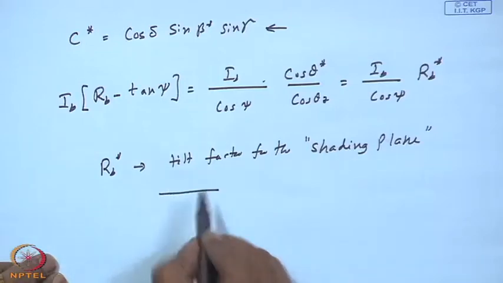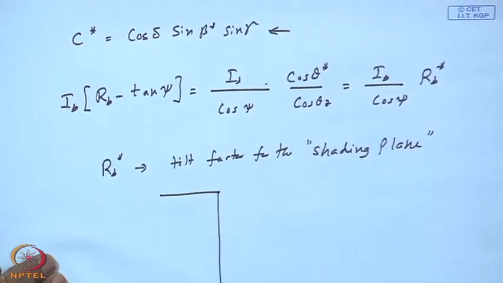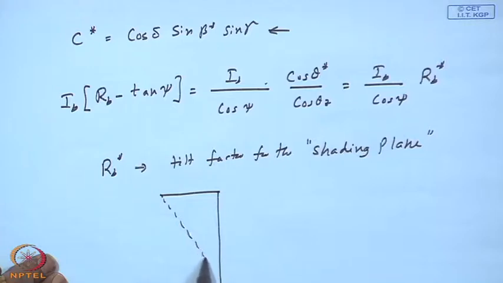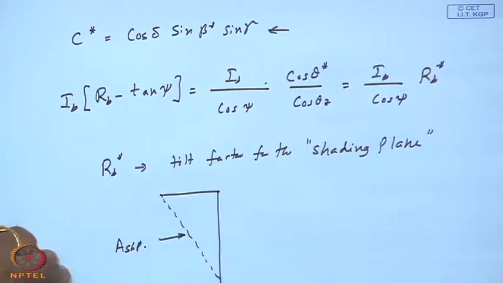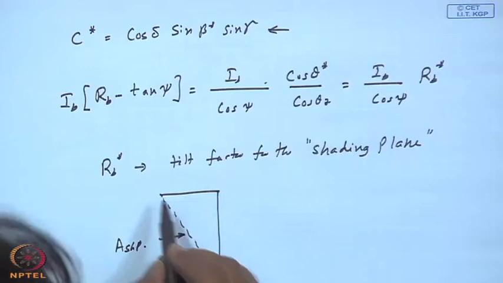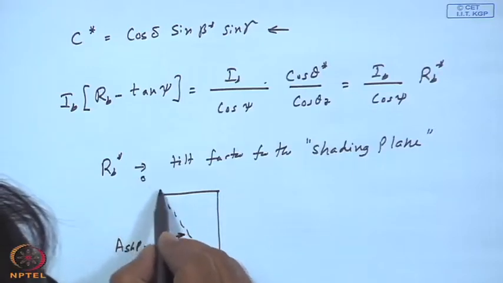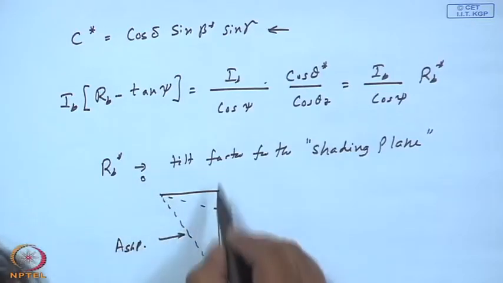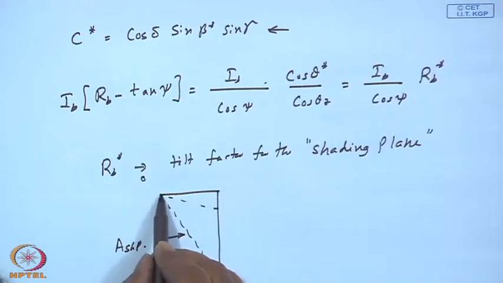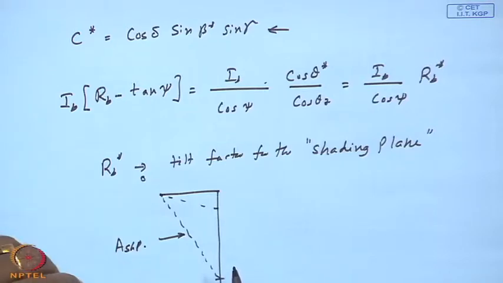If this is the overhang, this is the window, this will be the A_SHP, the so-called shading plane, right. It is not the sun's ray casting a shadow; just draw the tip of the projection to the base of the window, you will get the shading plane.